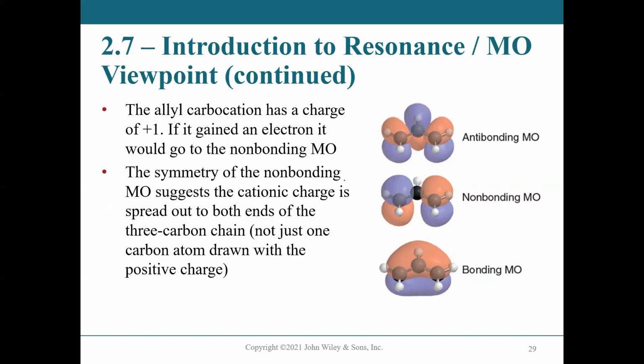And the symmetry of the non-bonding molecular orbital suggests that the cationic charge is spread out to both ends of the 3-carbon chain, not just one carbon drawn with the positive charge. So they're showing you the non-bonding. What they're not showing you though is that if we have n atomic orbitals, that equals n molecular orbitals.